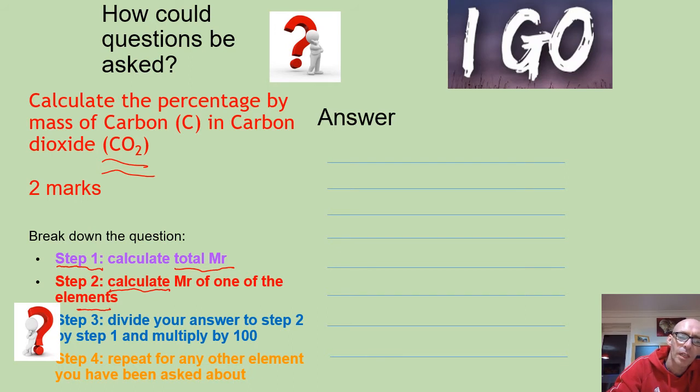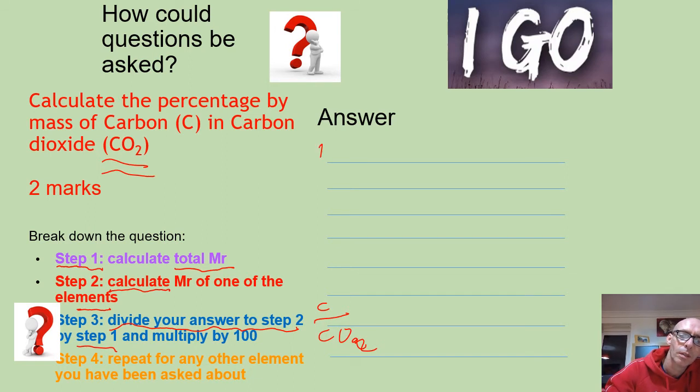Step three, divide your answer to step two by step one. So we have the carbon mass over the CO2 mass, and then we times it by 100. And step four, repeat it for any other element you've been asked about, and in this case we haven't. So let's do it in the 3 steps.